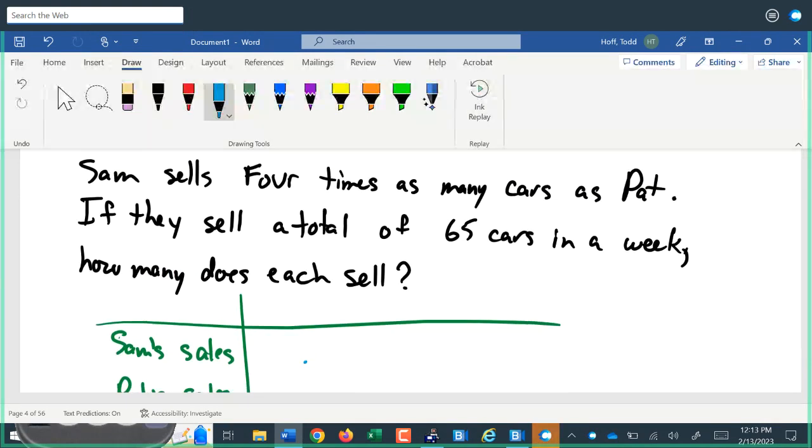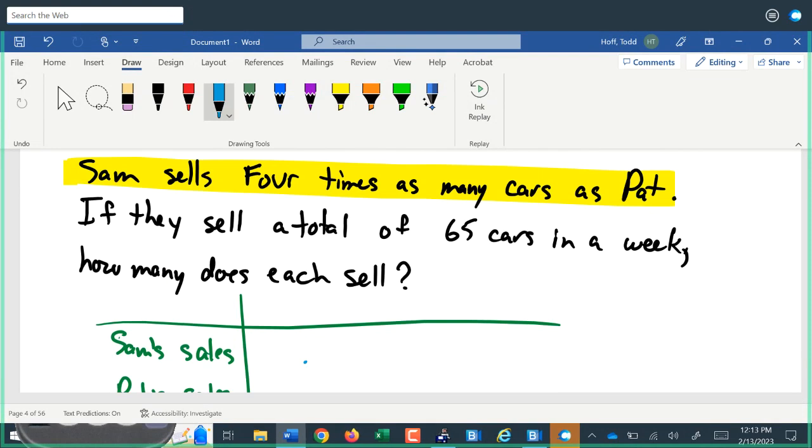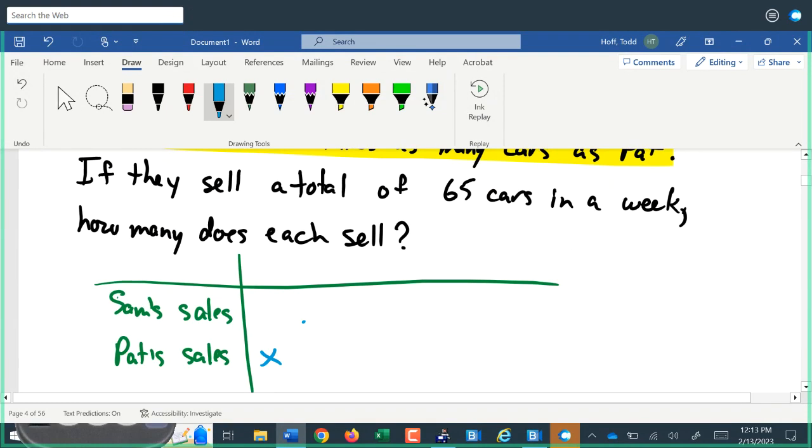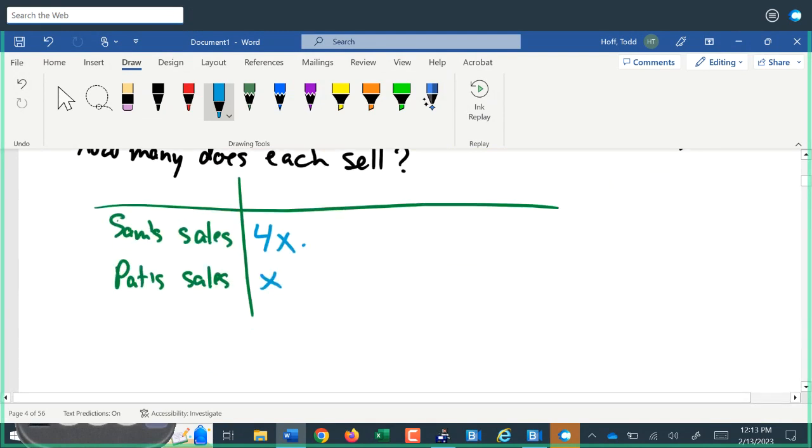And to figure out how to define our variable, we have to look for the relationship between those two things we're looking for. And that is given right here in this first line. Sam sells 4 times as many cars as Pat. So if we're going to define one of them in terms of the other, it would be easiest if I let X be Pat's sales, and then Sam's sales will be 4 times X. Because Sam sells 4 times as many.